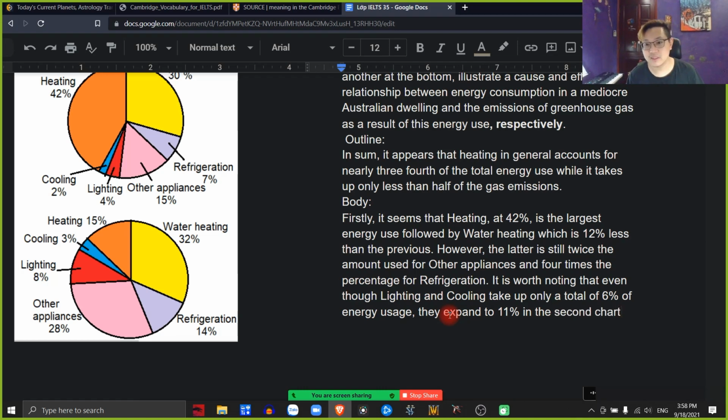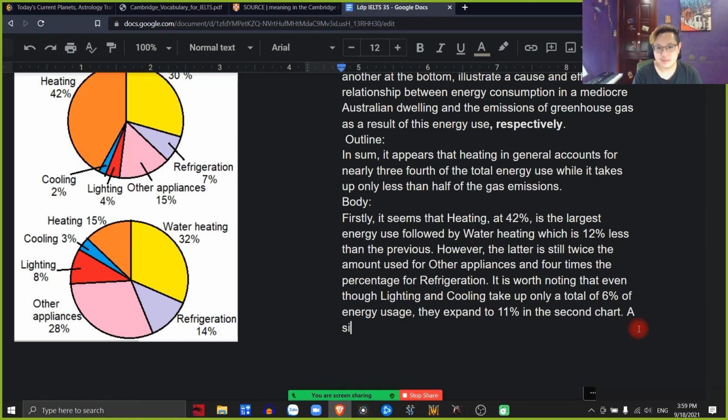We don't need to mention greenhouse gas emissions again. We can just say the second pie chart, or second chart. Expand to 11% in the second chart.